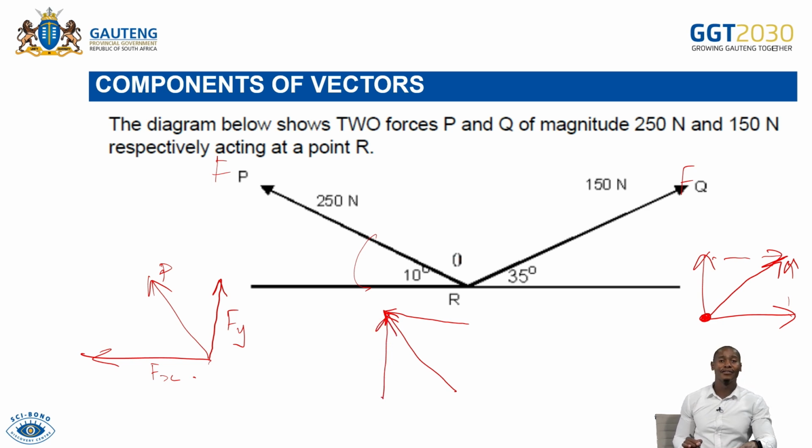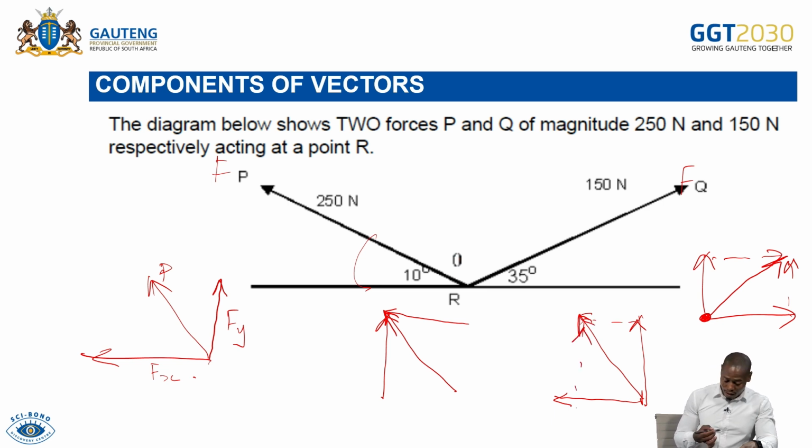Because I know that if I'm using the tail to tail method, the resultant is drawn from two tails to two heads. So I'm having something like this, which is my resultant. It means that here I must have the two vectors drawn tail to tail, so that when I complete the diagram, I'm able to complete it.